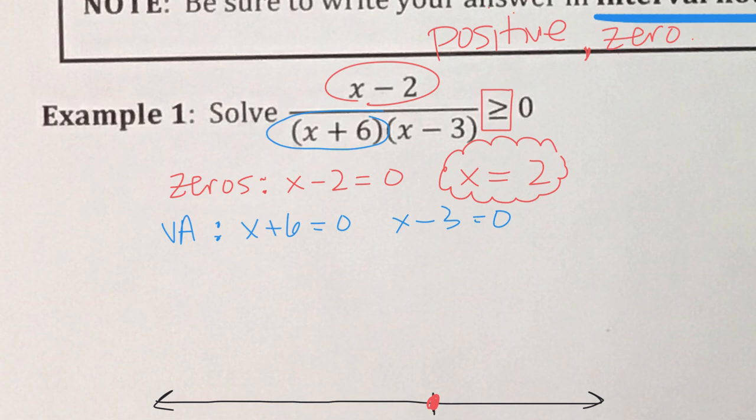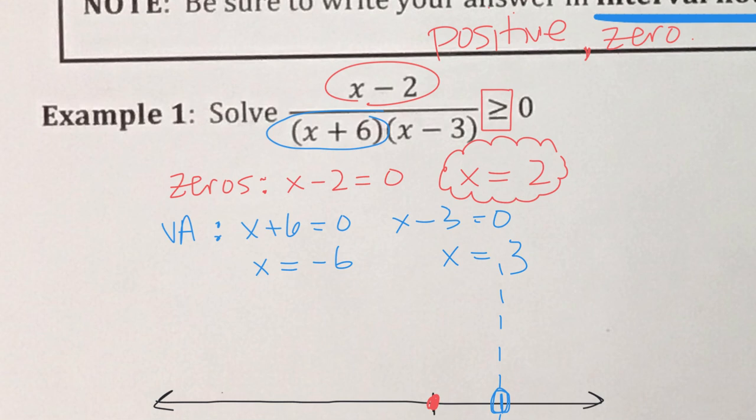You set each of your factors equal to 0, and we have a vertical asymptote at -6, and we have a vertical asymptote at +3. So +3 is over here to the right, and we put an open circle there because it can never equal +3, and we're even going to put some dashed lines to tell ourselves that this is in fact a vertical asymptote.